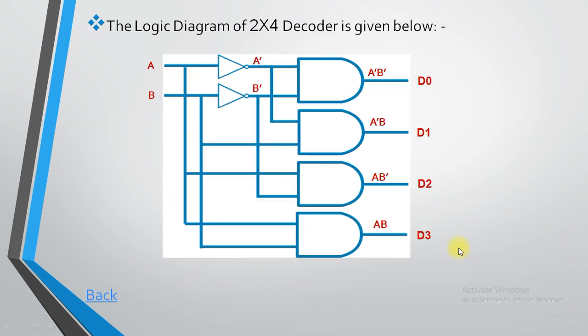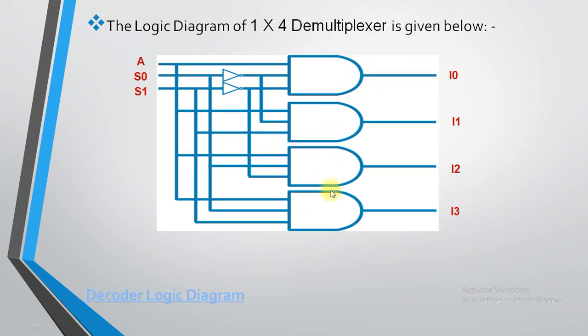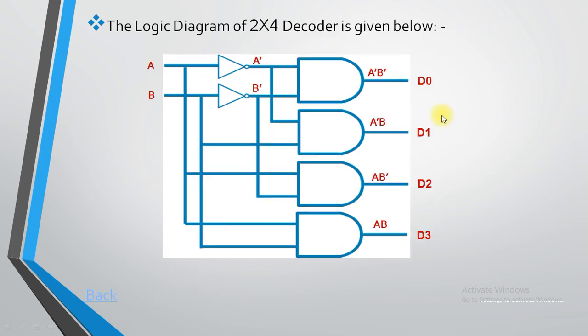See, this is the logic diagram of the decoder, in which A dash B dash, A dash B, A B dash and A B. So you just need to copy this and paste it into the demultiplexer. But what you need to do is give one activated line in each of the AND gates, right? There is no later correction regarding such. See over here D0, D1, D2, D3 is there.